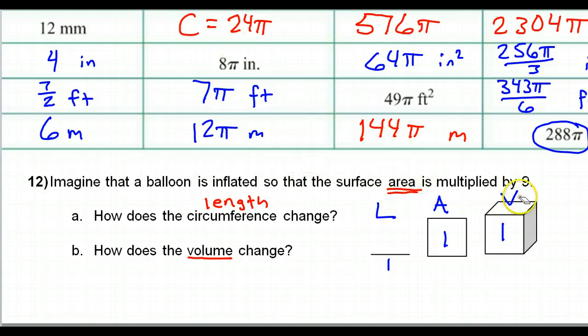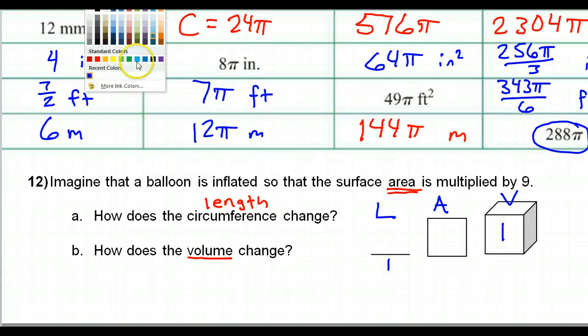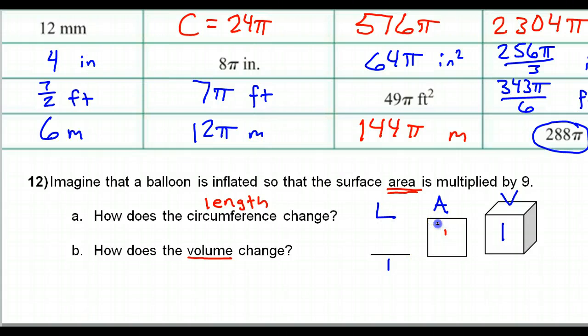It says that the area is multiplied by 9. So that means, boom, instead of being 1, my new area is 9, because I had to multiply 1 by 9. Now, if this area is multiplied by 9, then that's going to change the lengths here.